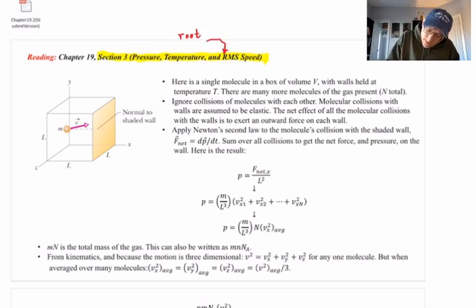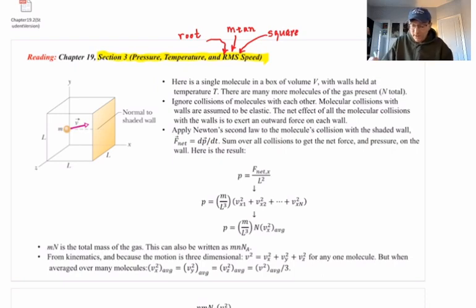The M stands for mean, as in average. And the S stands for square, as in the exponent squared. And of course, speed means that property that we studied last semester, the magnitude of velocity.